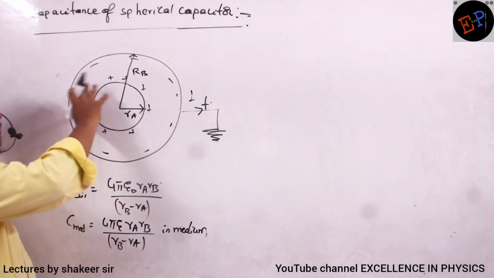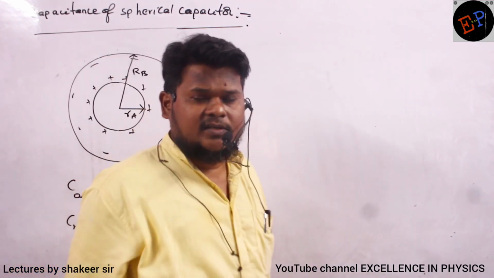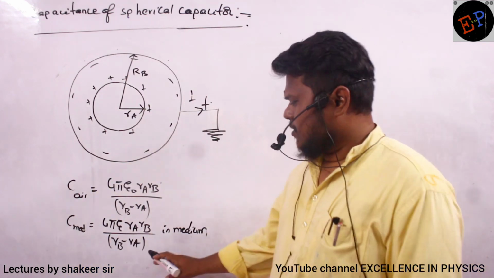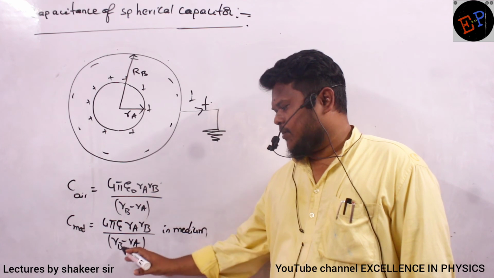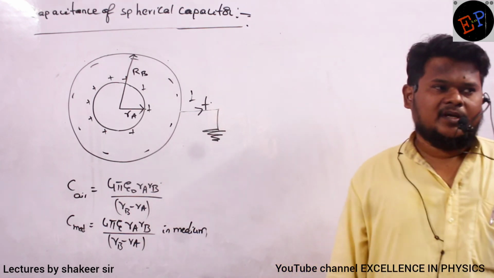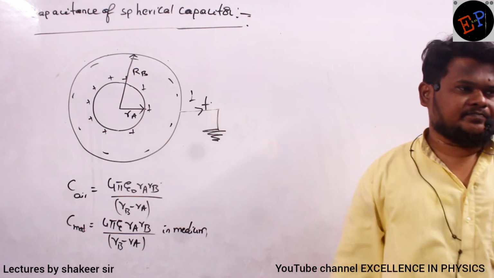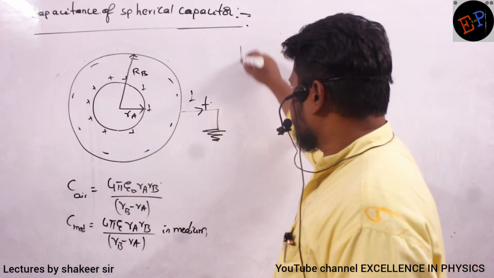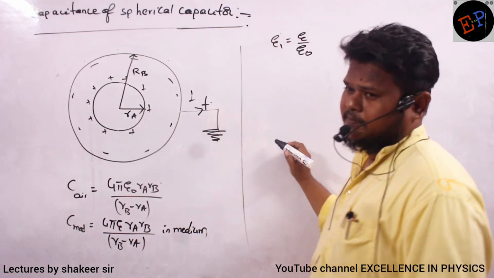Instead of that, if I place any other material, for example water, then the equation of capacitance is 4 pi epsilon R_A R_B divided by R_B minus R_A. And what is epsilon? Permittivity of that particular medium. Are you able to understand? We know that epsilon R can be written as epsilon divided by epsilon naught.